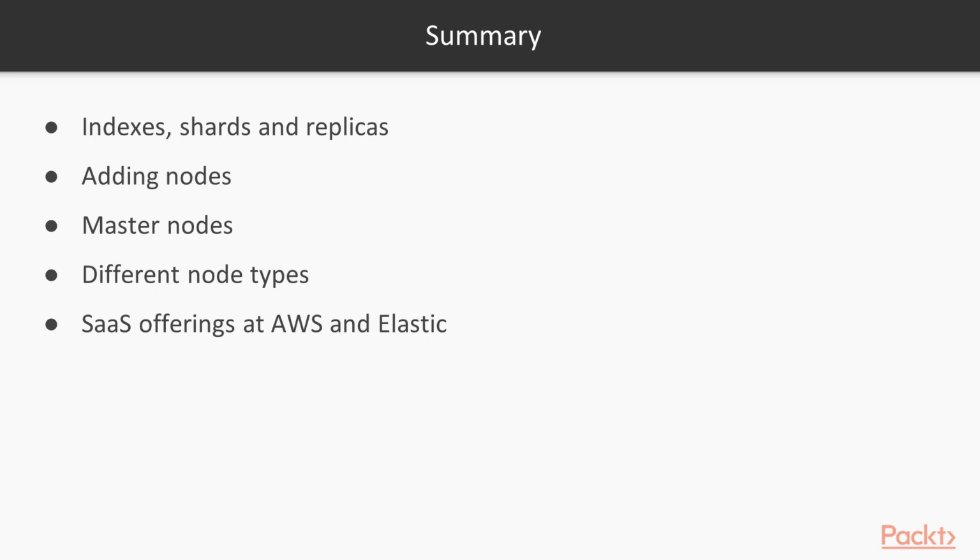We talked about master nodes and how they coordinate everything going on in your cluster, and the importance of those. Always have 3 master nodes, so you don't get split brain, where you end up with 2 different clusters running, both thinking they're right. We talked about the different node types, master nodes, data nodes, and ingest nodes, and mixing and matching those to make some generalist nodes. And then finally, we wrapped up by talking about a couple of different SaaS offerings, from AWS as well as from Elastic, for Elasticsearch proper.